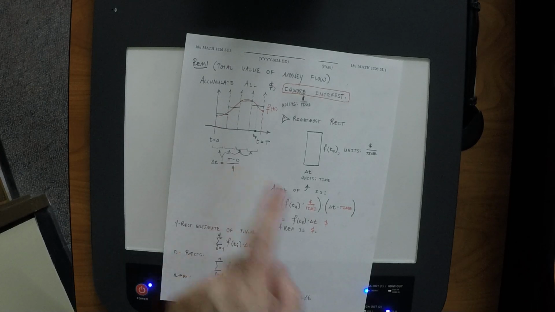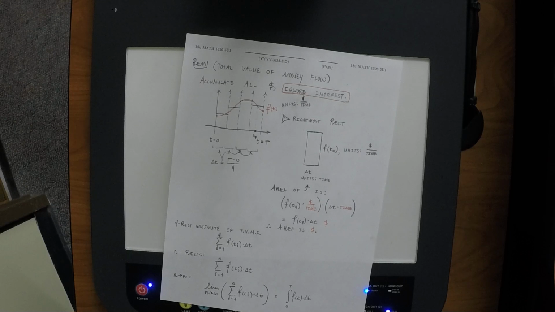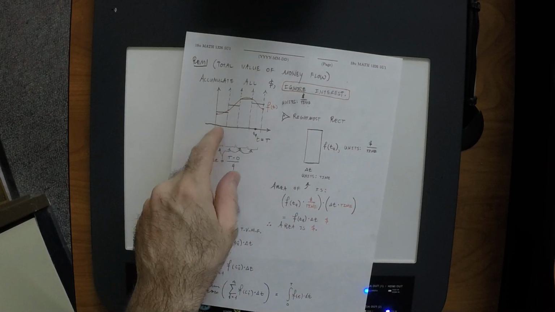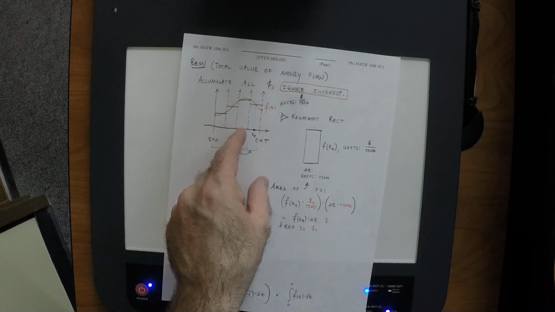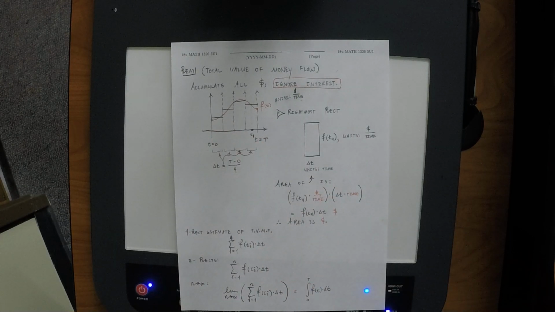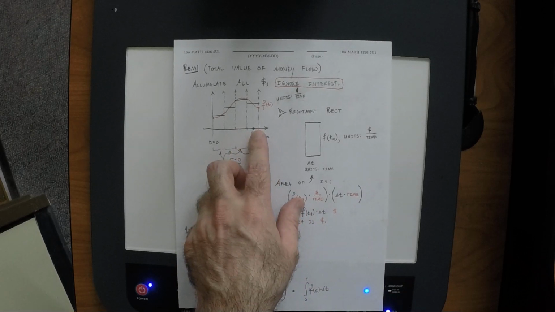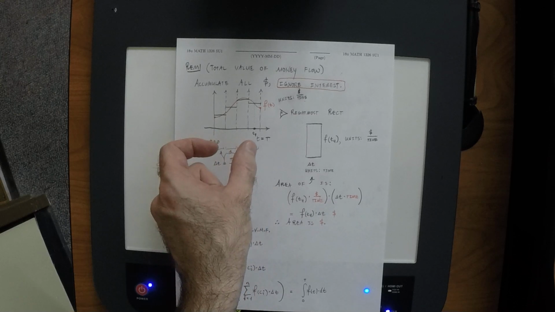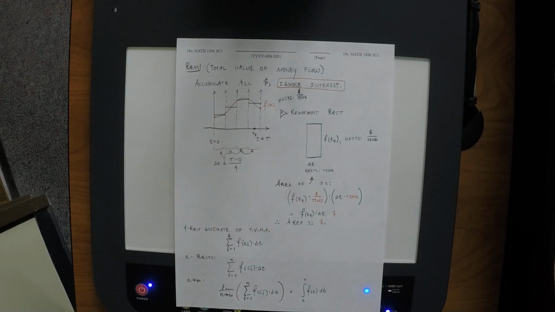What if we took all this money flow and instead we were pouring it into a bank account, right? That'd be better, because the money that we get early would be subject to a lot of interest. The money that we get in the middle would be subject to about half as much interest. The money that we get at the end wouldn't be subject to much interest at all because we got it right at the end. But it'd be better than not putting it in an interest-bearing account at all. All right?